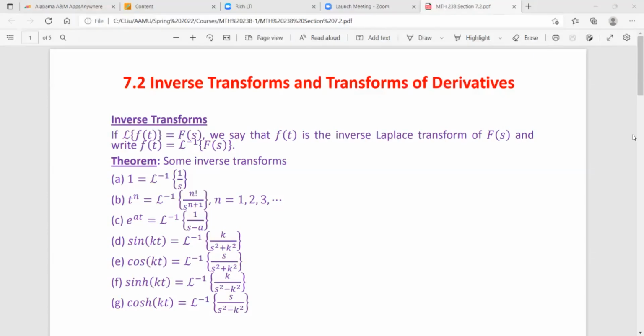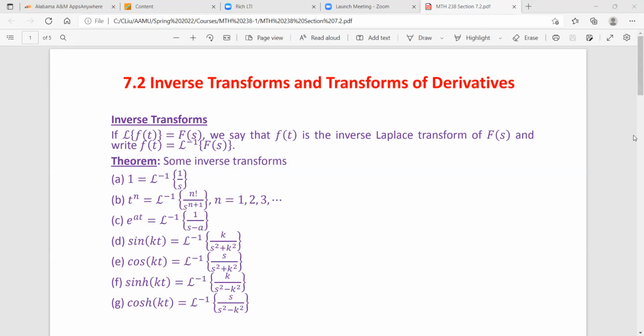Now, when we try to use the Laplace transform to solve a differential equation, first we take the Laplace transform of the equation on both sides. So we get another equation in s, an algebraic equation. We can easily solve this algebraic equation to get F of s.